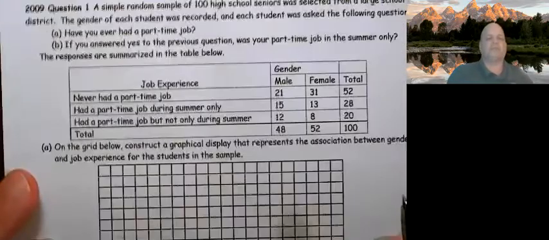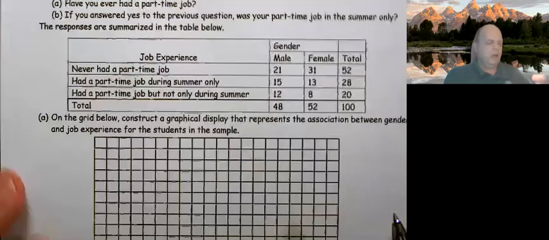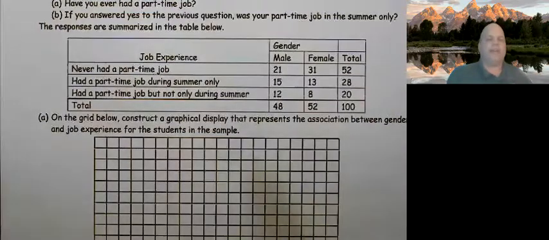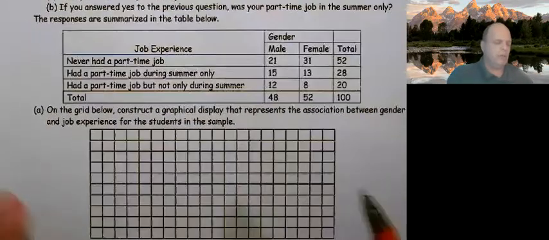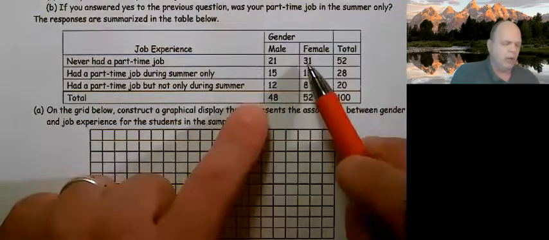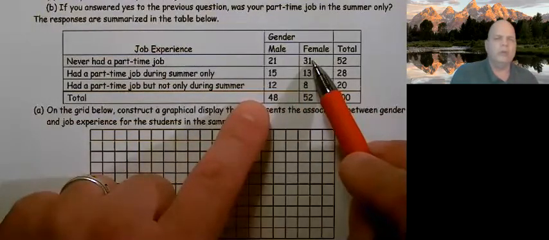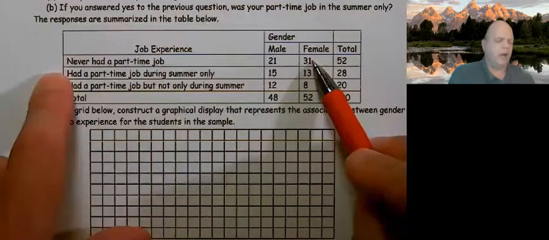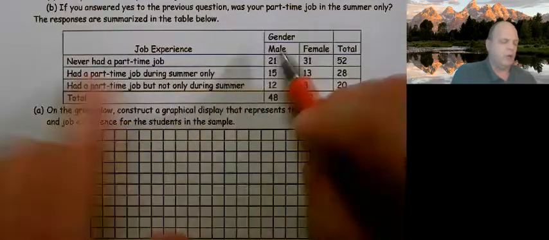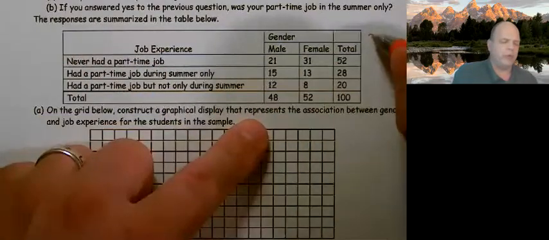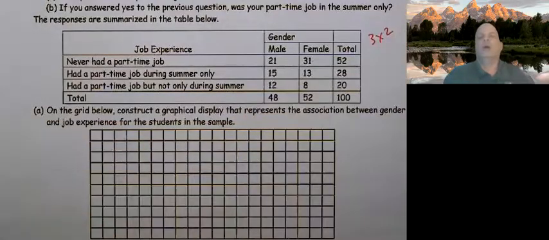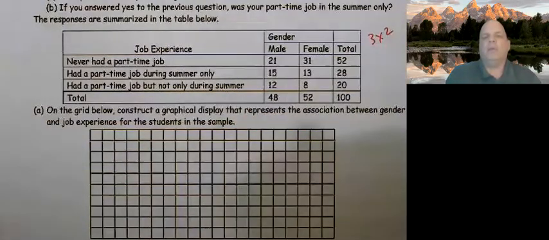Finally, they're going to ask you to draw a graph here. That's no big deal. But if we look at this, I have 3 rows and 2 columns. So this is a 3 by 2. So I immediately know it can't be proportions.